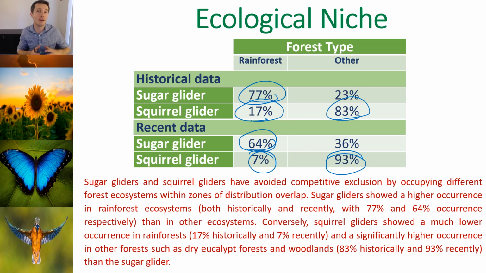And as a result, they've avoided that competitive exclusion simply because they are occupying different regions or different spaces within that particular ecosystem. So by dividing those resources up and partitioning the space, both of them are able to exist, and one has not been locally extinct from that particular ecosystem.